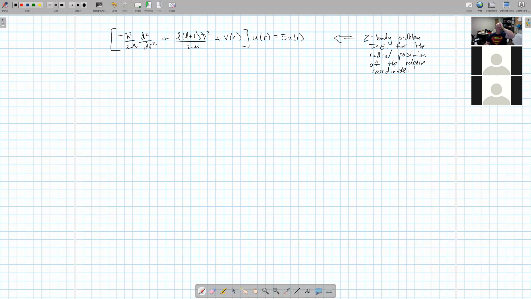Even though we have a two-body problem, this is actually only a one-dimensional differential equation that we have to solve. It only depends on r, which is the relative coordinate.